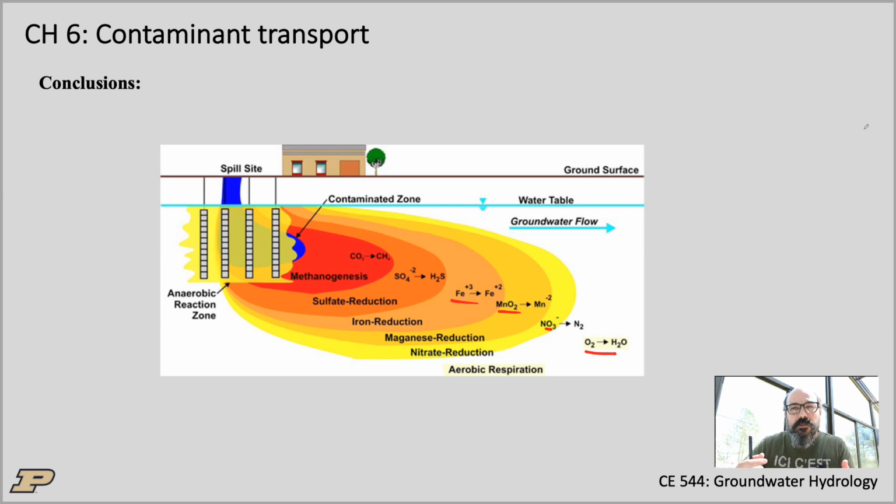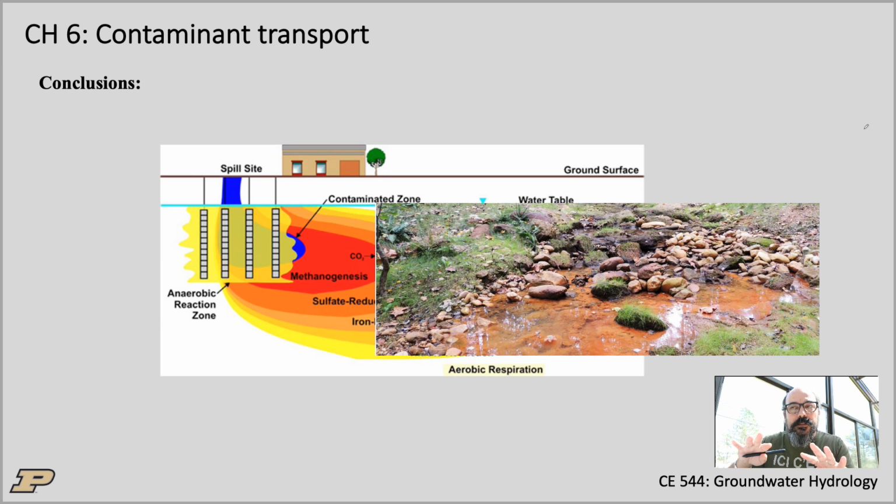It's reduced, it has that gray or green-gray color, and when it comes out to the atmosphere, it gets in contact with the air, so the oxygen in the atmosphere, and all of a sudden it gets oxidized into that rust, into that red color, and you can literally see the red iron precipitates around those little springs. So this is a pretty interesting phenomenon.